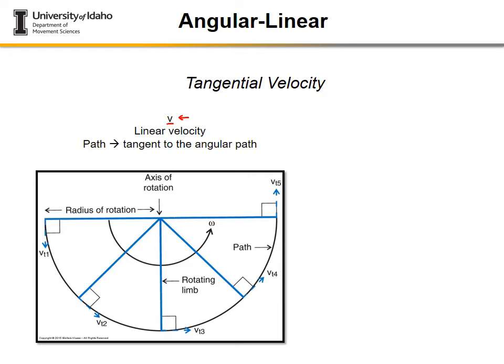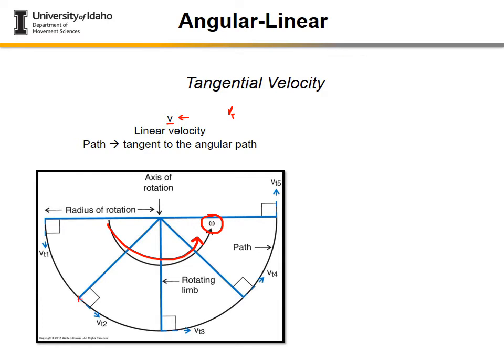So we go back to a V, and you're actually going to see V sub t, for tangential velocity. But it's that linear velocity that's tangent to the angular path. Now here, with this omega, you're going to see the angular rotation. So this is a positive angular velocity because it's going counterclockwise. And at each of these impact points with the V's, you're going to have the velocity at which it is.